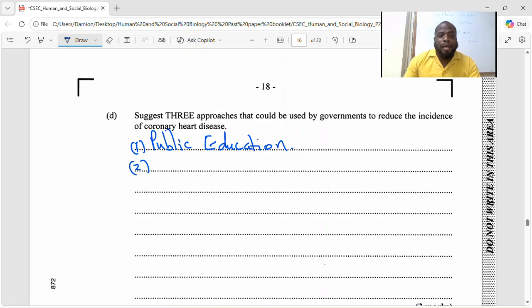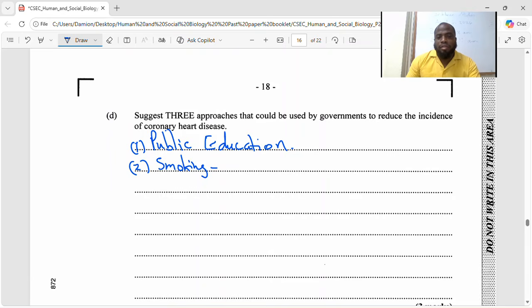Two, smoking. Smoking is one of the factors. Even in Jamaica, what the government did was to ban smoking in public spaces.